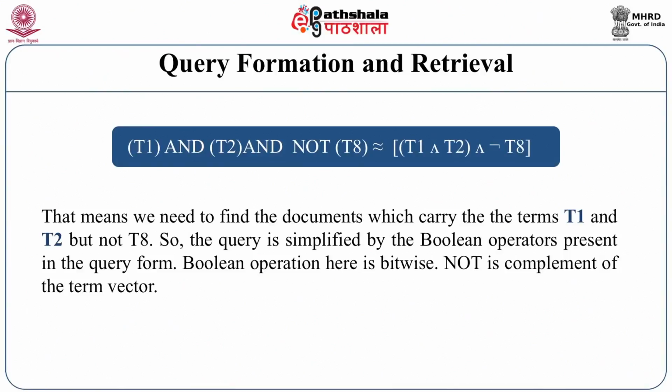Now you should keep in mind that the Boolean operation here is bitwise, and NOT is the complement of the term expression. Now you can see the Boolean expression of the term T1, the term T2, and also the term T8.